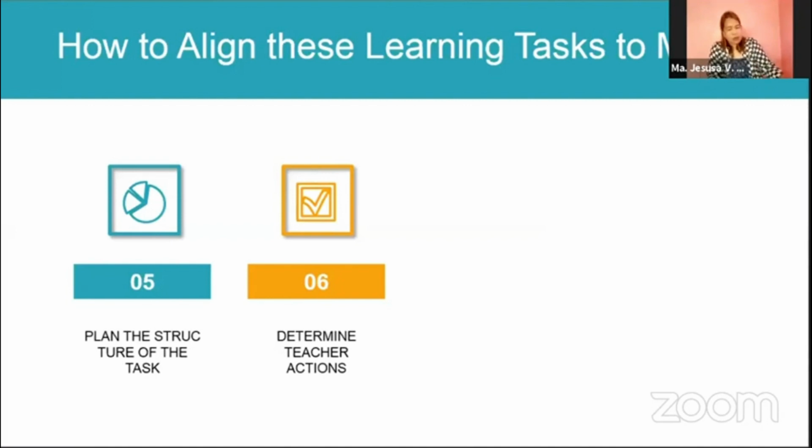So, for example, I have given a reading selection by Jose Rizal. Let's say, if it is Filipino, Noli Me Tangere. Before I discuss Noli Me Tangere, I need to familiarize my students with Jose Rizal. And what was the social milieu when Jose Rizal wrote Noli Me Tangere?